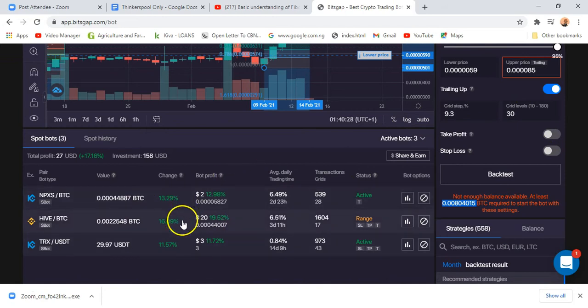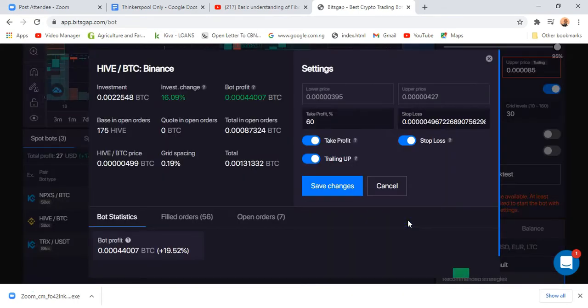And if you look at this bot, which is my top performing bot in the last 3 days, let me open this, I use the same approach to it. Okay, so I created a bot, and this was my lower price, this was my higher price, and I switched on the trailing up button.